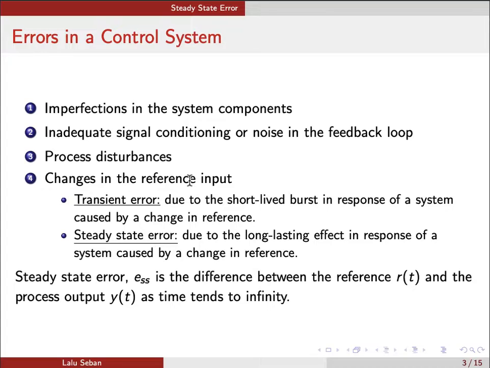During the time gap, there will definitely be two sets of error. First one is the transient error. This is due to the short-lived burst in the response of a system caused by the change in reference.